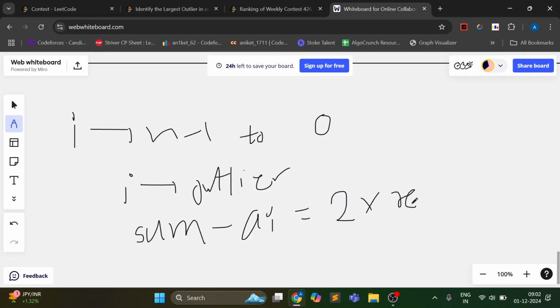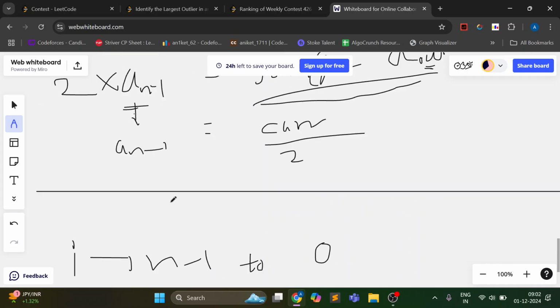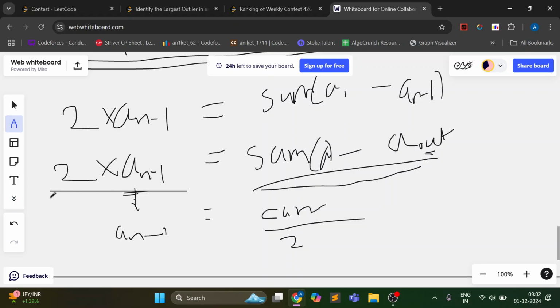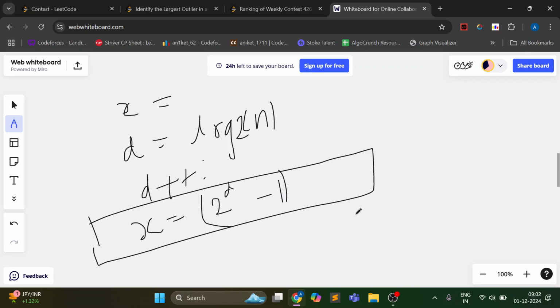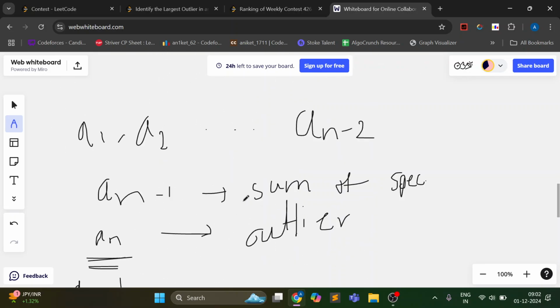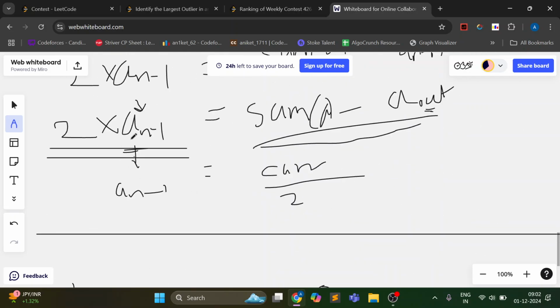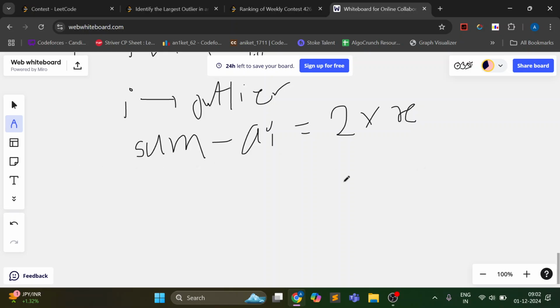So we have considered this as the sum of special numbers, so basically 2 into x.